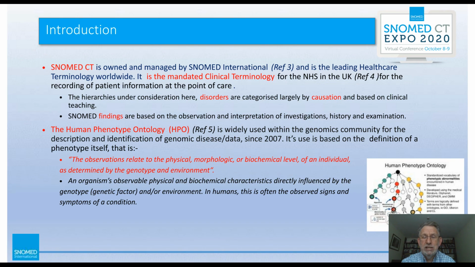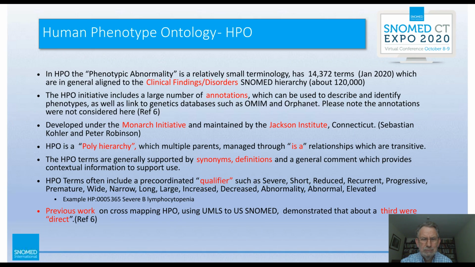Its use is predicated on the definition of a phenotype itself, and one useful definition from the internet is the observations relating to the physical, morphological, or biochemical level of an individual, as determined by the genotype and the environment. So we're starting to see that there are slight differences in the way that SNOMED and the Human Phenotype Ontology work together.